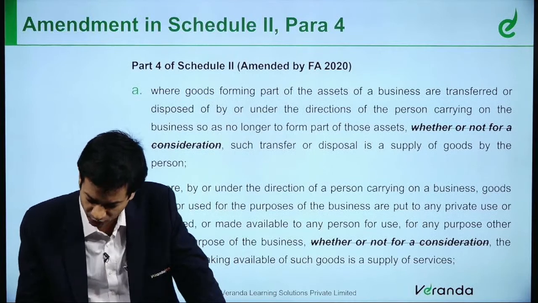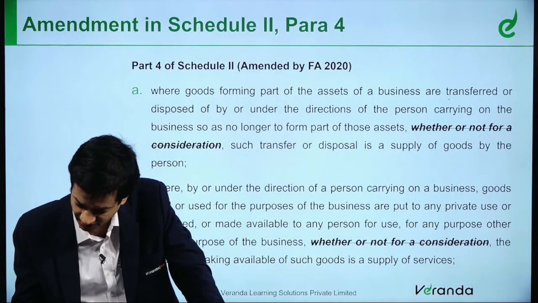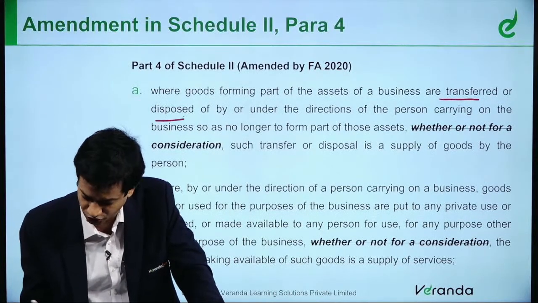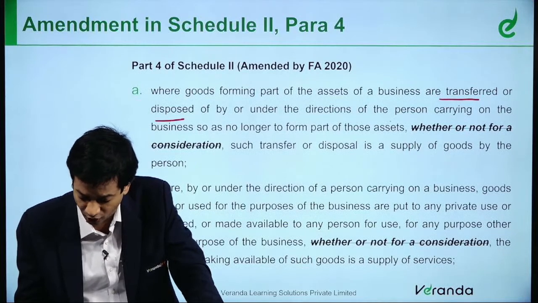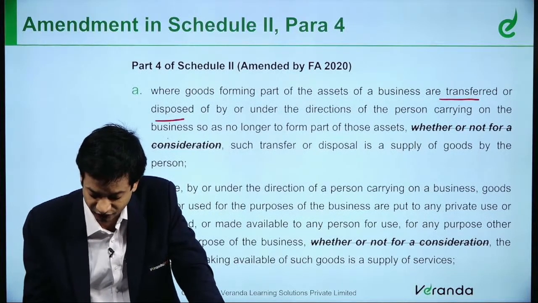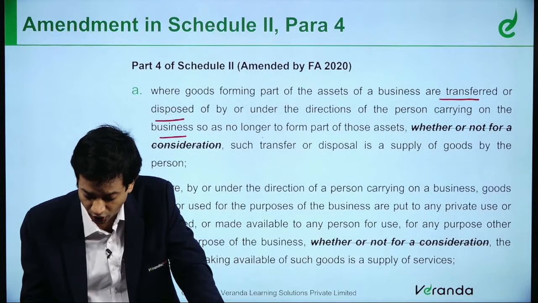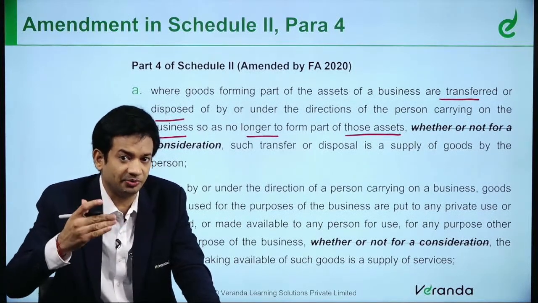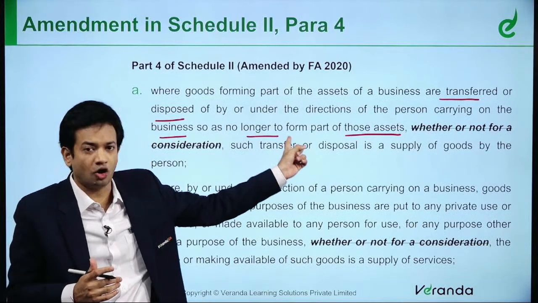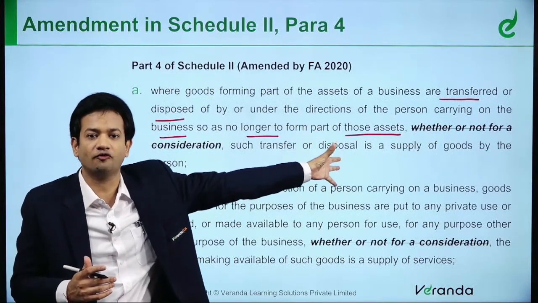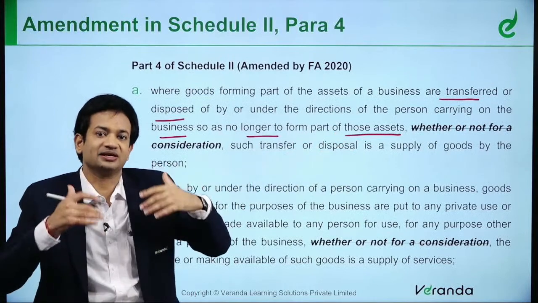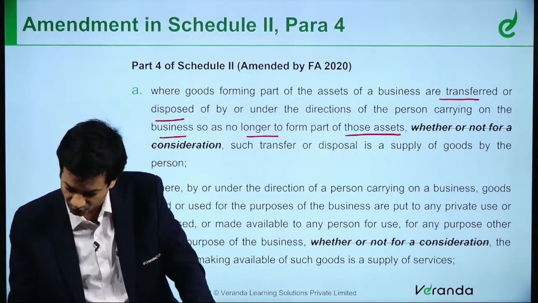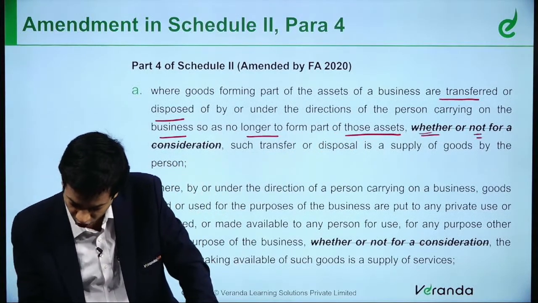First one, where goods forming part of the assets of a business are transferred or disposed of by or under the direction of the person carrying on the business so as to no longer form part of those assets. That means it is permanently getting transferred. I repeat, so as to no longer form part of those assets. That means there is a permanent transfer, whether or not for a consideration.